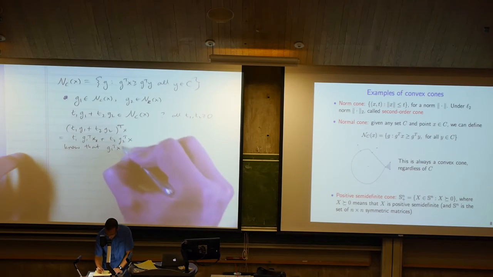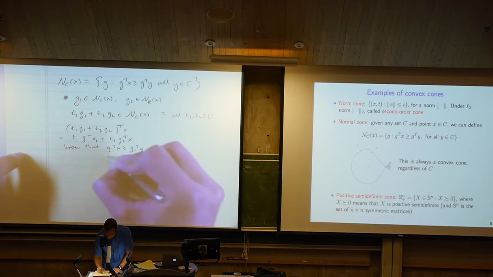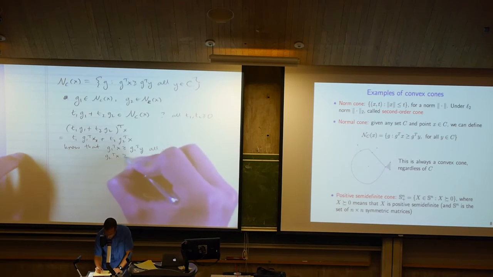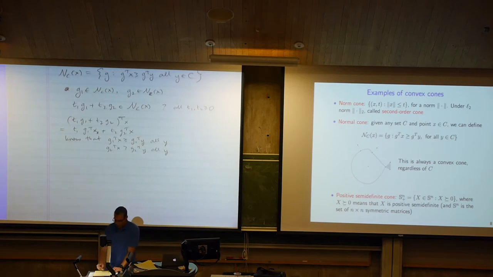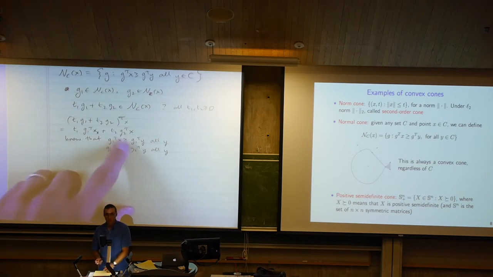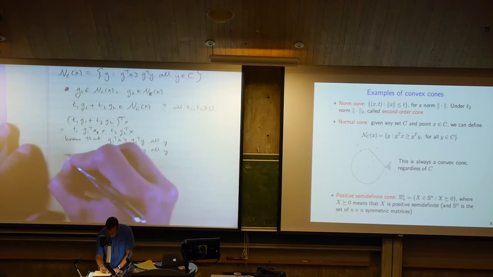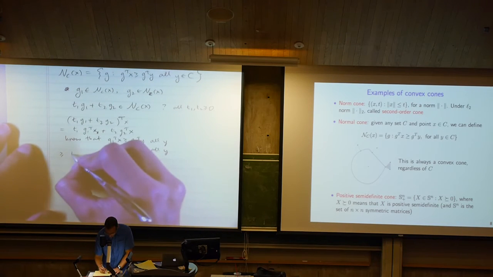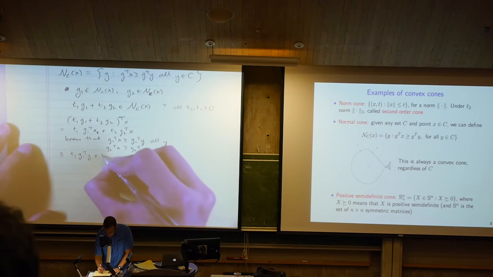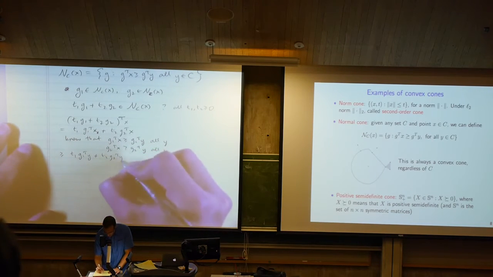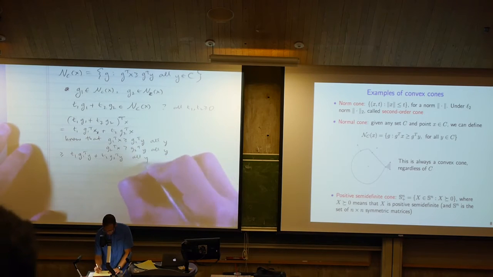We know that G1 transpose x is bigger than or equal to G1 transpose y for all y. And also G2 transpose x is bigger than or equal to G2 transpose y for all y. We know that those properties are true because G1 and G2 were both in the normal cone. And T1 and T2 are non-negative. So therefore, this is bigger than or equal to T1 G1 transpose y plus T2 G2 transpose y for all y.